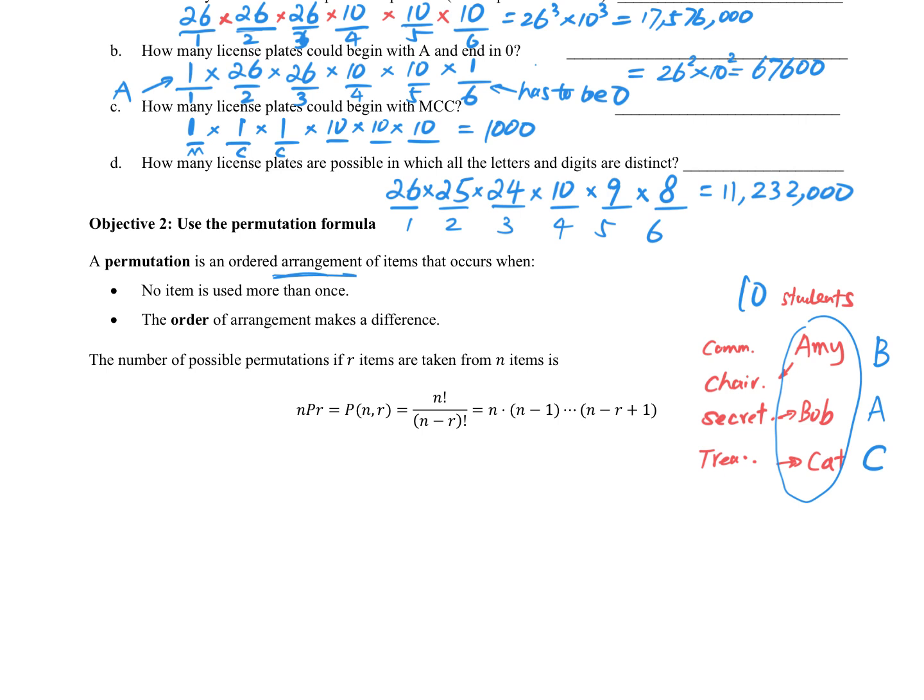How do we compute the number of possible permutations? It's nPr, or P of n, r. To compute that, it's going to be n factorial divided by n minus r factorial. And a more calculation-friendly version is n times n minus 1 times, and so on and so forth, until the last one is n minus r plus 1.